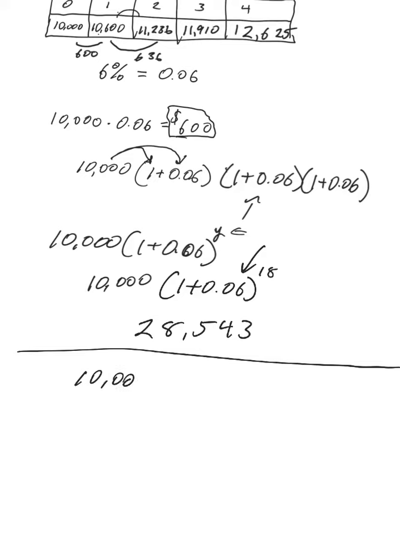You're going to take your $10,000 and let's go ahead and invest it at say 20%. So what does that look like? That's going to be 1 plus 0.20, 20%, to the 18th power. In this scenario, if you put this in your calculator, you end up with 266,233.